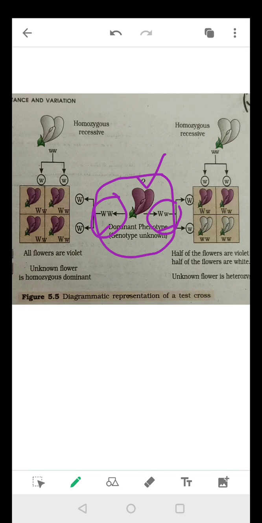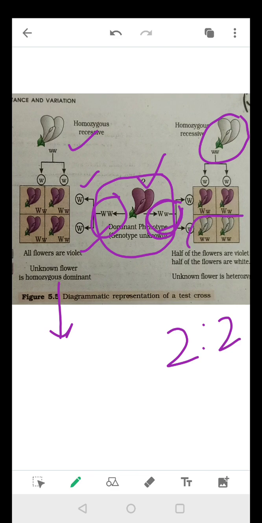If it is capital WW, we will have the same type of gametes. We are crossing with the white recessive parent, small w, so we will have all purple flowers, means the parent is homozygous dominant. In the second case, if it is this one, we are crossing it with small w, and again you will have a 2:2 ratio.